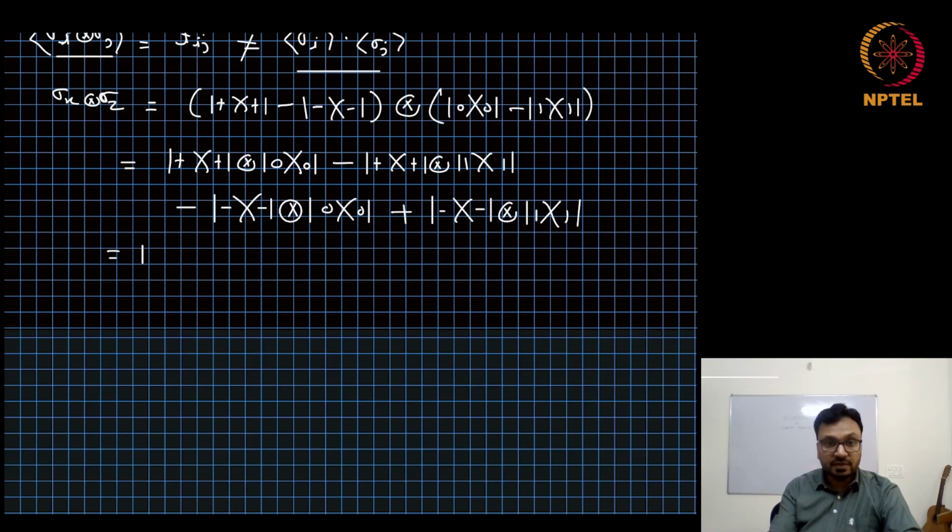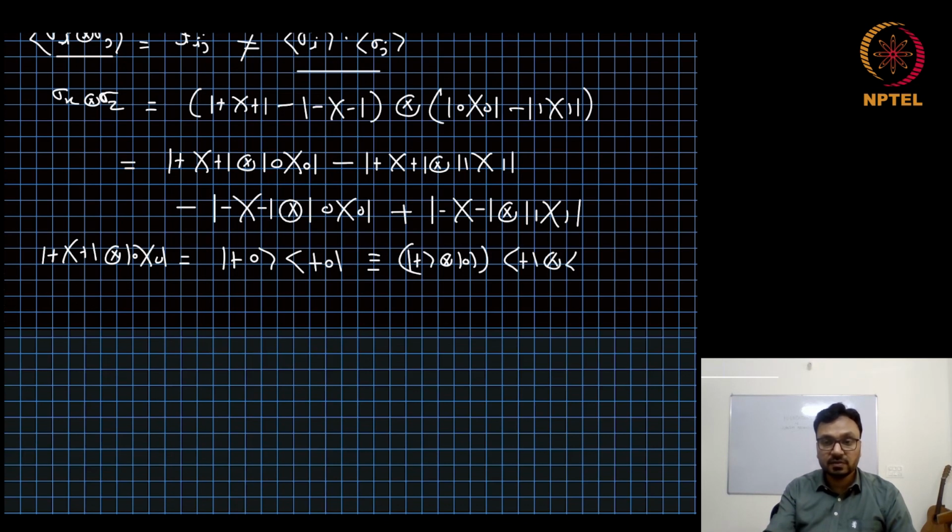We can simplify it. Here we have plus plus tensor 0 0. We can write it as plus 0 outer product plus 0.